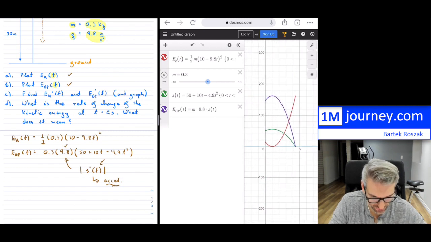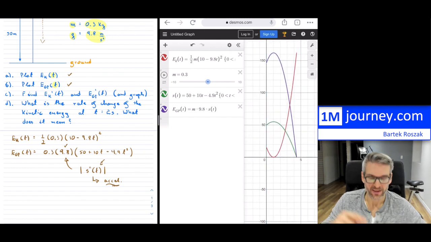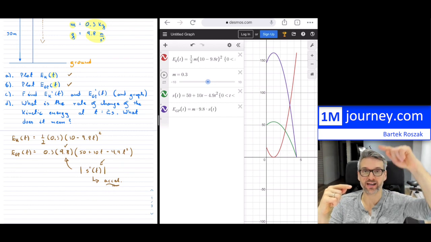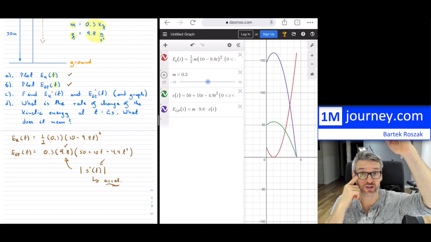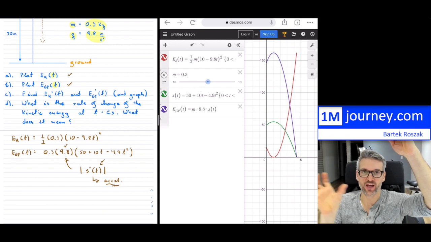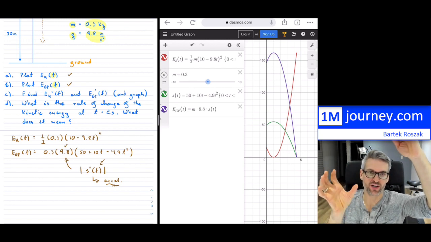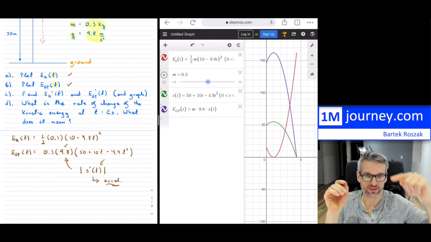It starts off, and it makes sense that it's going to get bigger because the height, as we throw it up, is going to get higher and higher. So the potential energy is bigger because it's dependent on h. The mass doesn't change, gravity doesn't change, and the only thing that changes is the height. So it goes up and then it comes down.